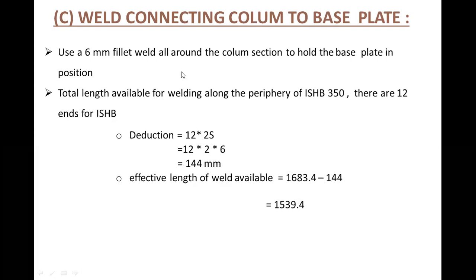We consider the size of weld as 6 mm, so 12 multiplied by 2 multiplied by 6 is 144 mm. Next, the effective length of weld available is 1683.4 minus the deduction of 144, so our effective length of weld is 1539.4 mm.